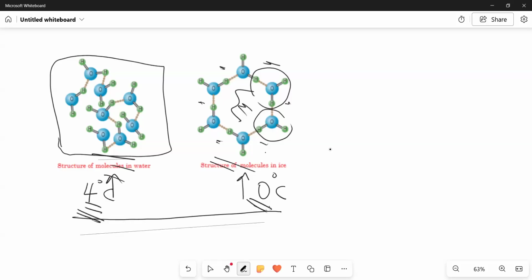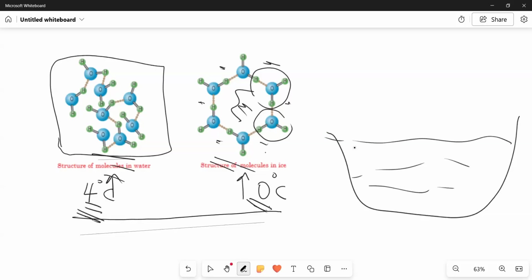And going back to our lake story, when the place gets cold, the water at the top freezes. And when it freezes, guess what?